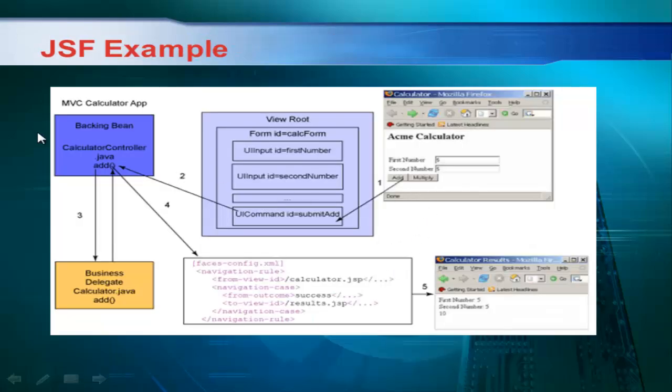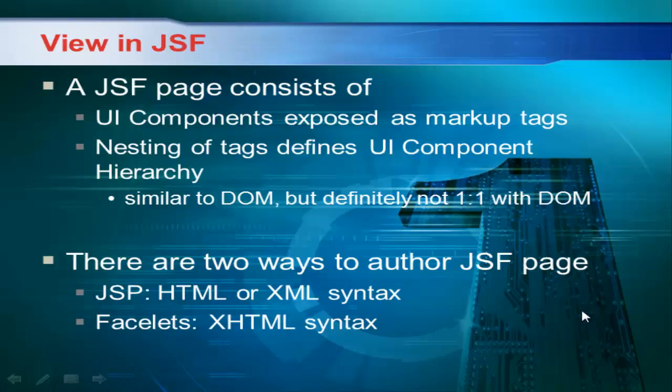It takes the request and calls the appropriate method within your model, and that is decided by the configuration information. So based on what configuration you have specified, it does that. For the result, you again have the navigation that decides how the result has to be shown. The result will be rendered back to you and shown to you in a different page. Okay. So let's look at what is there in a JSF page.